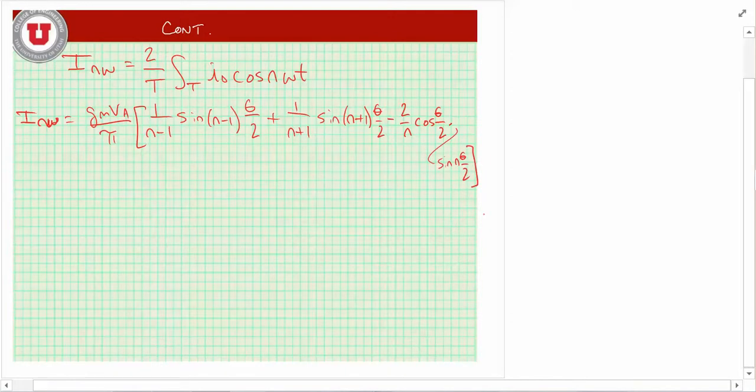Okay, so we should have the following expression. So we can find the fundamental current by substituting n equal to 1, that's the desired signal, and we can plug in any n that's higher than that to find the distortion products at higher frequencies.